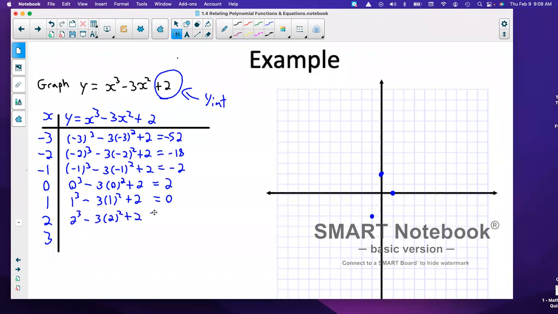And that gives us -2. So at 2, we are at a y value of -2. Next one, we have 3 cubed minus 3 times 3 squared plus 2. And that gives us +2.